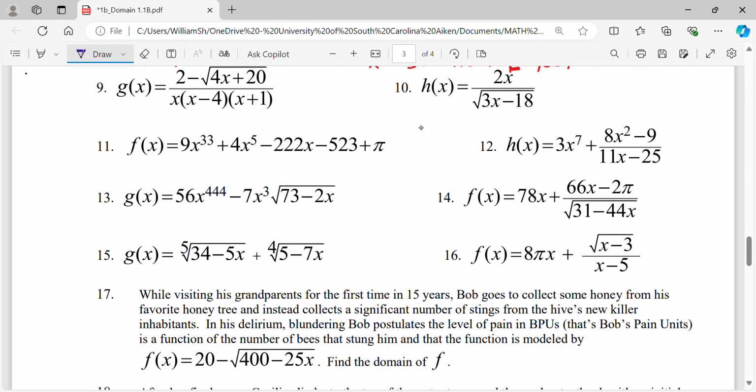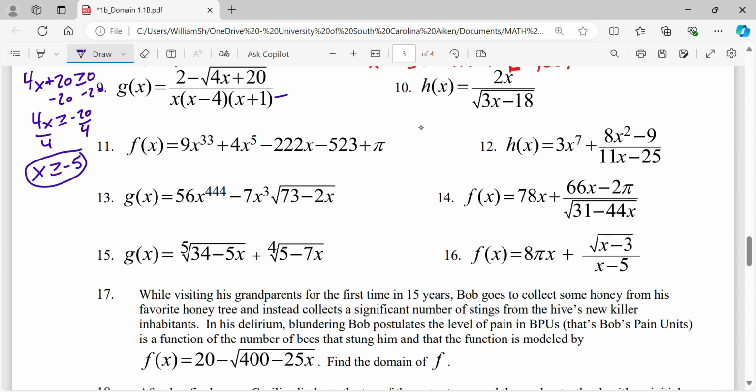Okay, this square root part, we'll start with it. The 4x plus 20 has to be greater than or equal to 0. If we solve through it by subtracting 20, we get 4x is greater than or equal to negative 20. Divide by 4, and we will see that x has to be greater than or equal to negative 5. That is one of our limitations here.